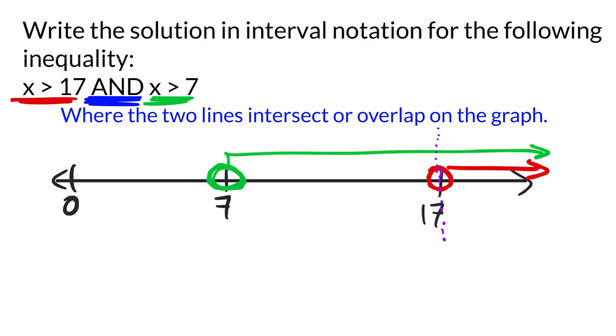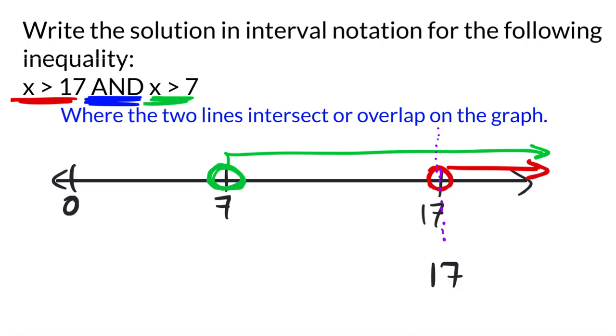So where does it start? Well, it doesn't actually start at 17 right there. What does that mean? Well, it's true for the green at 17, but you see how it's an open circle at the red? So that means it's false for one at 17, but it's true for the other. It has to be true for both, one and the other. So starting at 17, right here, we wouldn't include this in the interval.